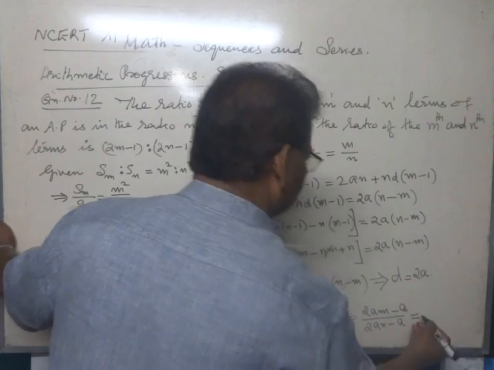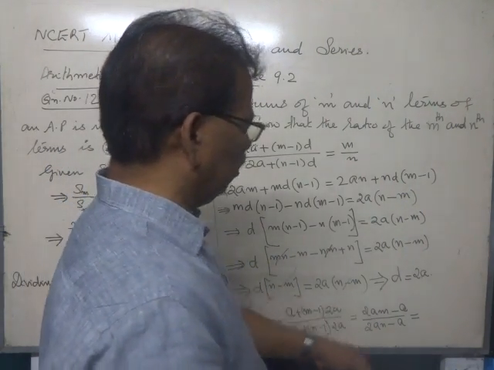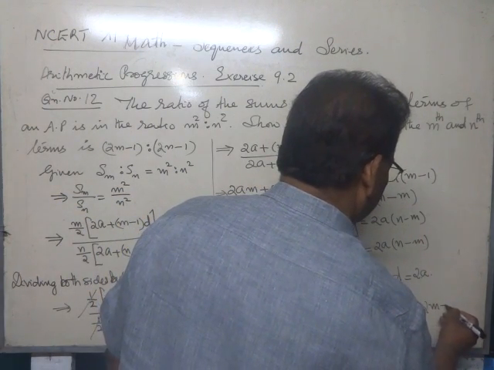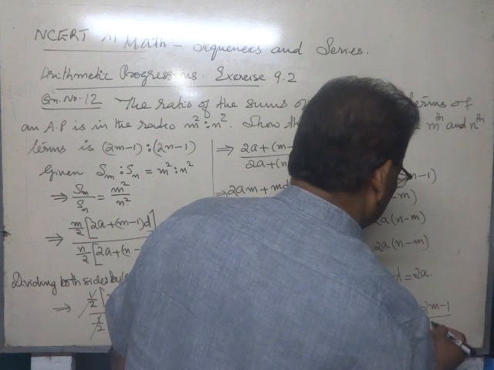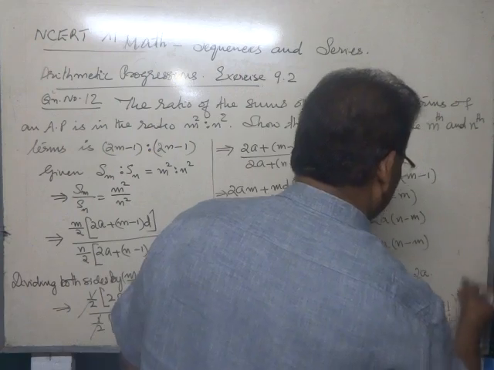That is to say, we can divide the numerator and denominator by a. 2m minus 1 by 2n minus 1. We got the result.